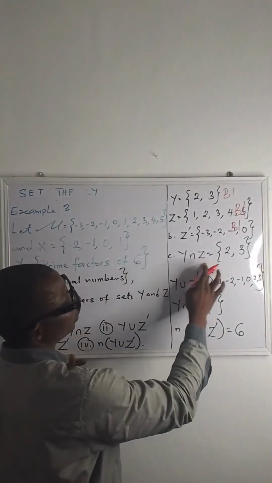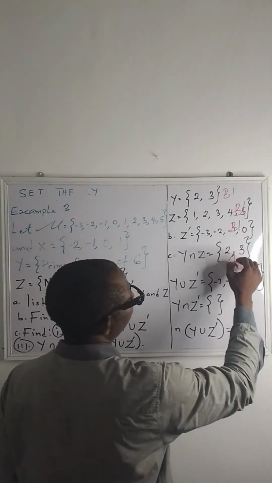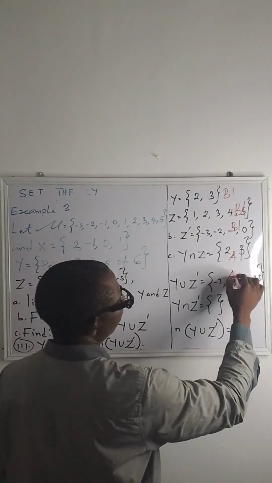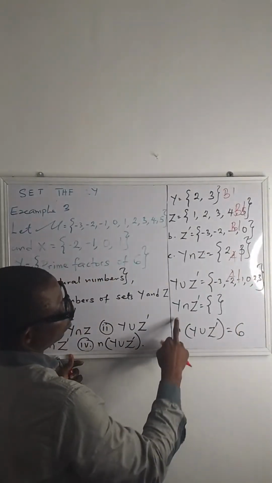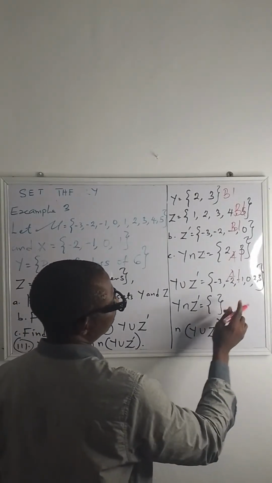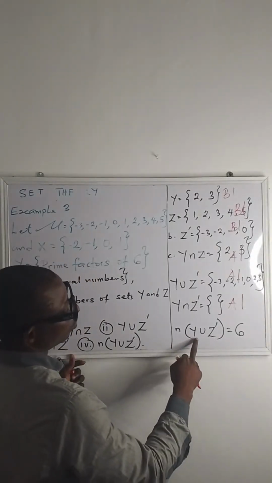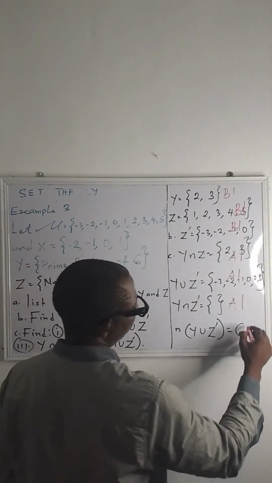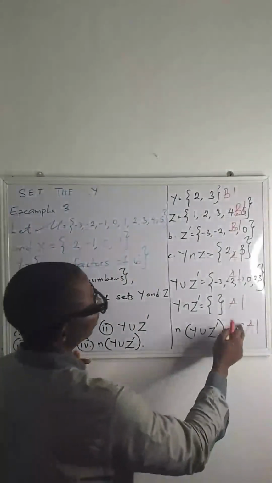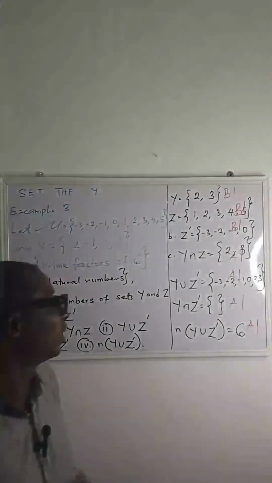For doing this operation, Y intersection Z, we have A1, and also here we have A1. Y intersection Z complement is a non-set, we have A1. Number of elements in Y union Z complement is 6, we have A1. So how many marks altogether? Let's count: 1, 2, 3, 4, 5, 6, 7. So 7 marks altogether.